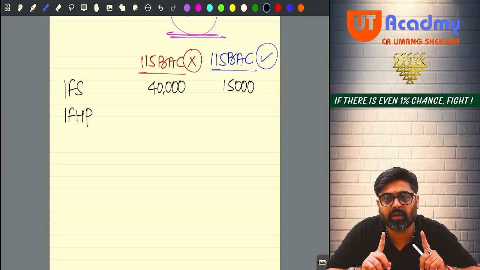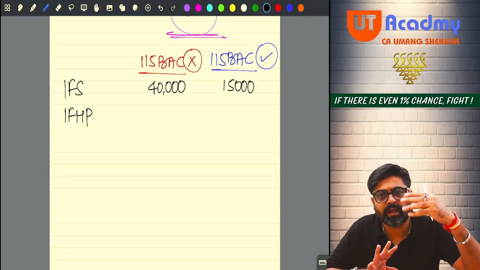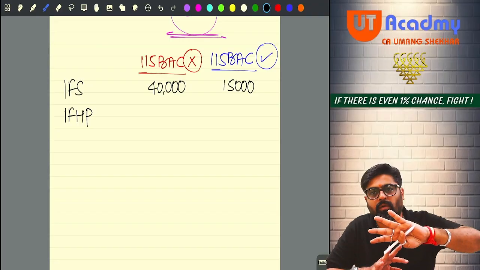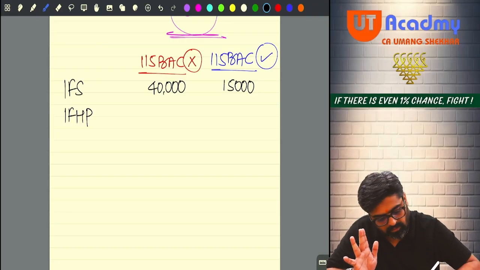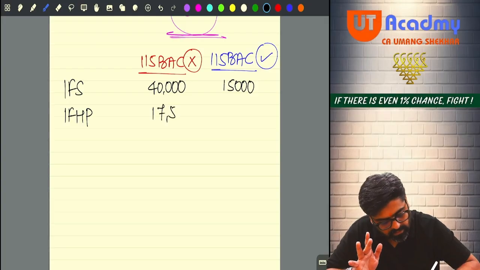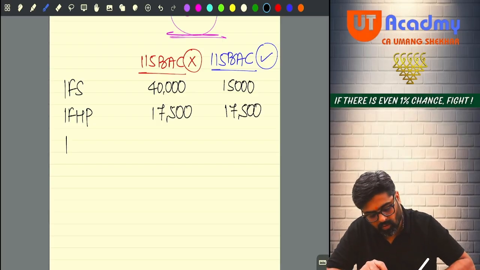That 17,500 will be my taxable income from house property under both the regimes. Whether I follow 115BAC or I don't follow 115BAC, my house property income is not going to change. Yes or no? That will remain 17,500. Everyone understanding?